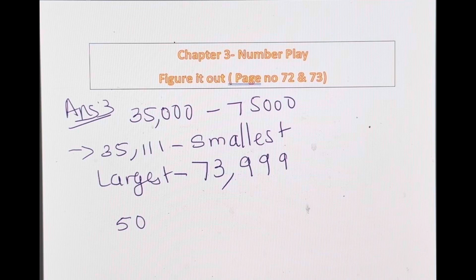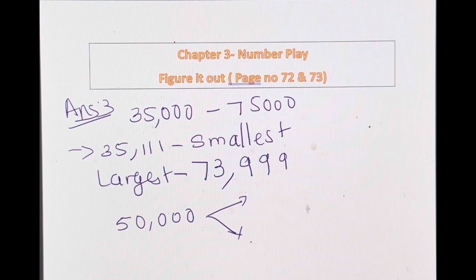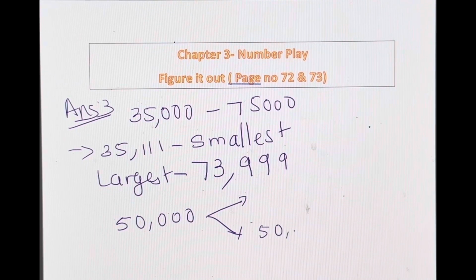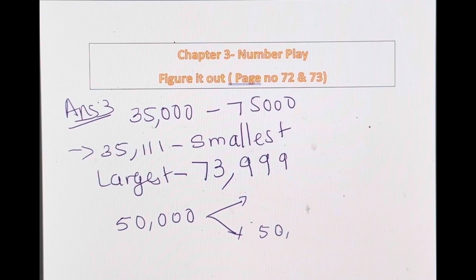And the third question is, who is closest to 50,000? Out of all the numbers between this range which have odd digits, which is closest to 50,000? Now there are two possibilities. Closest is, we take the nearby number. If we take 51,111, this is one number.